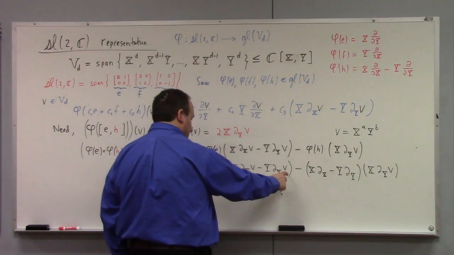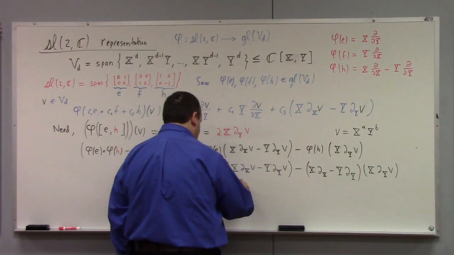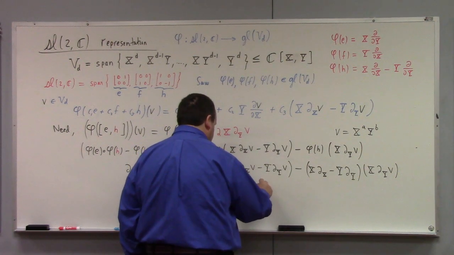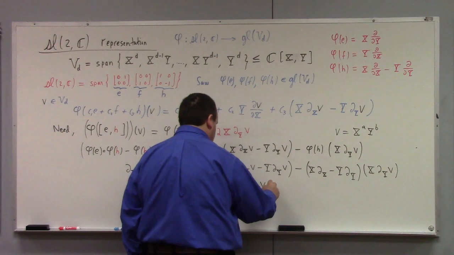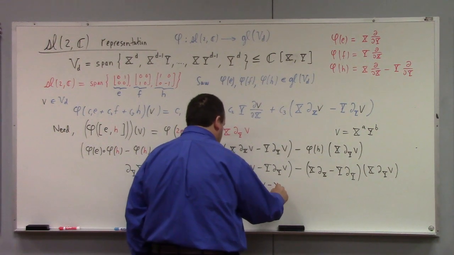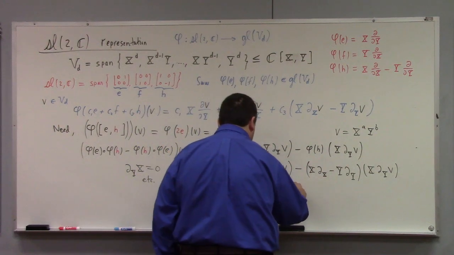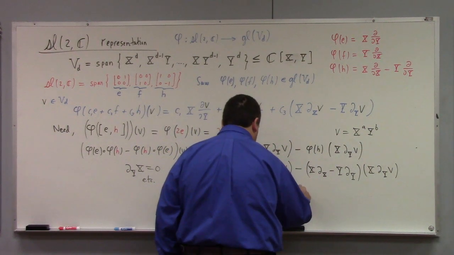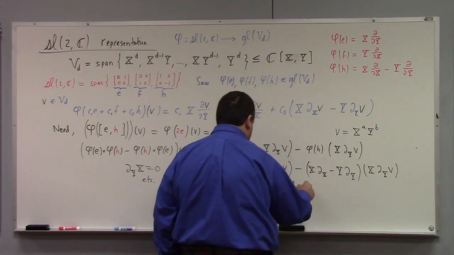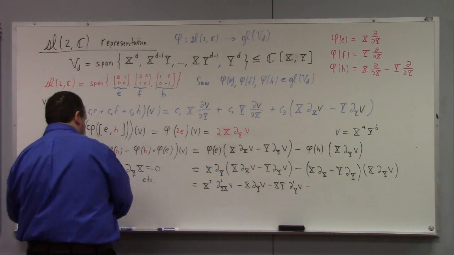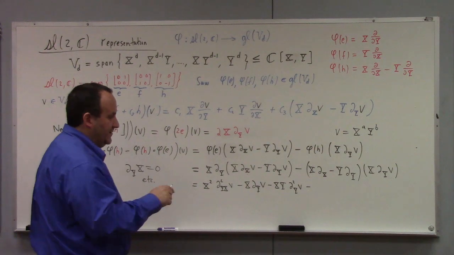This acting on that, on the other hand, gives me minus x partial y v minus xy partial squared y v. All right. Moving on to the next one, which I will do in red for some variety here.